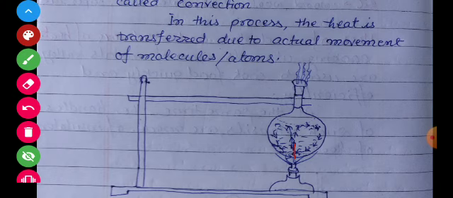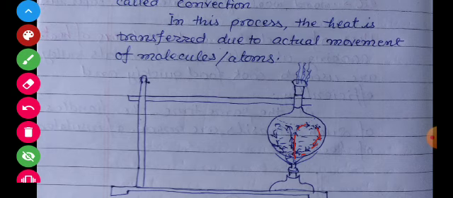To fulfill that, the nearby molecules will come to fill this gap. In this way this molecule is moving in the upward direction, and the other molecules keep filling this gap. So this molecule will come at this place, this will come at this place. In this way, students, the transfer of heat takes place.